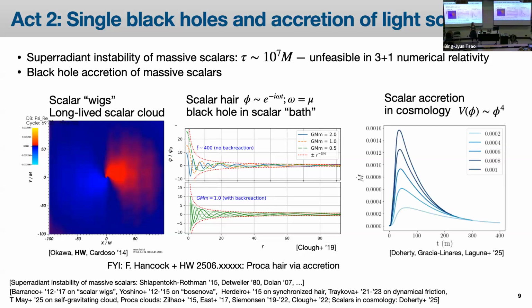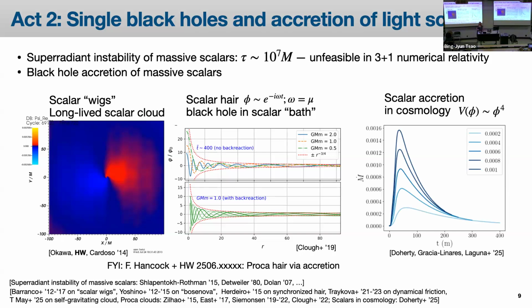So what they are looking at is a black hole in scalar cosmology. So instead of a mass term, you're thinking about a potential with φ⁴, which usually gives you an expanding, or can give you an inflaton, something like an expanding universe. And here I picked one of the plots.